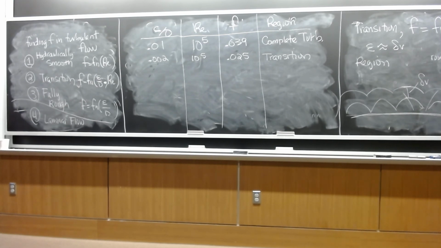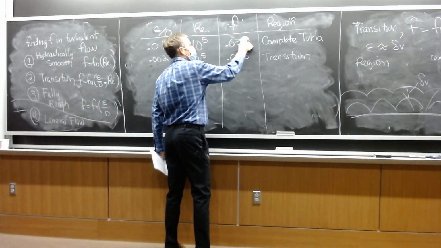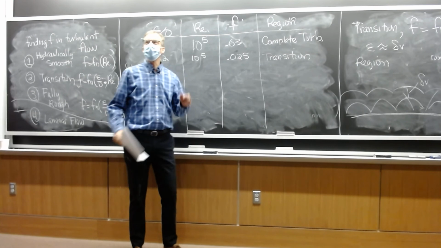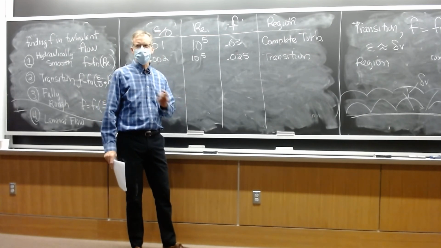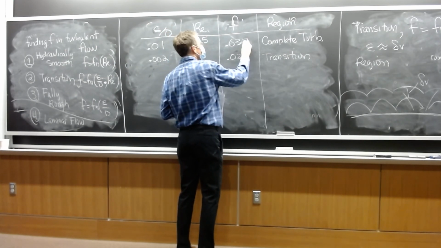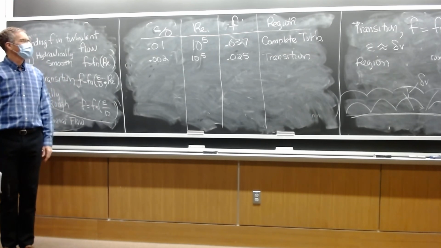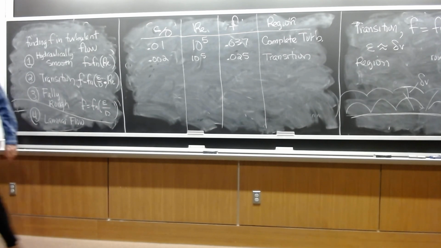Yeah, it might be a little less than 0.039, but you're never going to get a wrong answer by giving the wrong friction factor to the 3rd decimal place. But in looking at that, I might say something like 0.037. And is it in fully rough? Yes, it is. And then it crosses over to transition for 0.002.